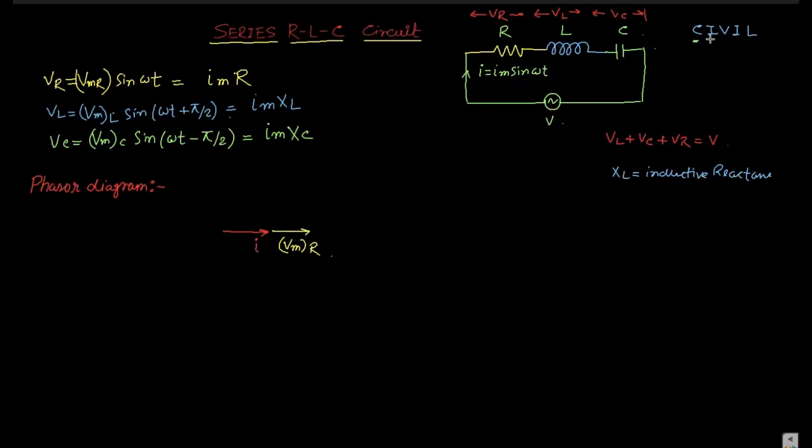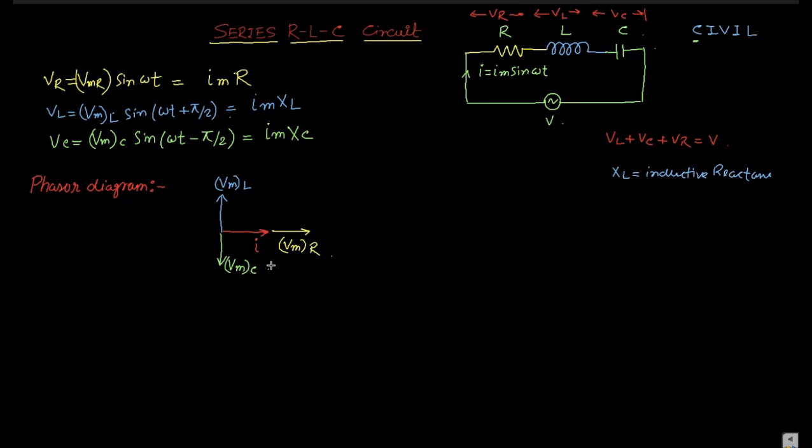In L, V leads I by 90 degrees, so this is the phasor for VmL. And VC is here: in C, V lags I by 90 degrees, so it becomes VmC. Got my point?